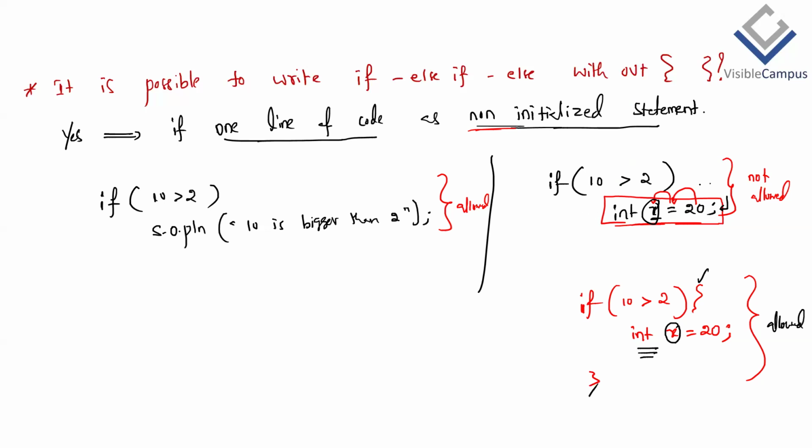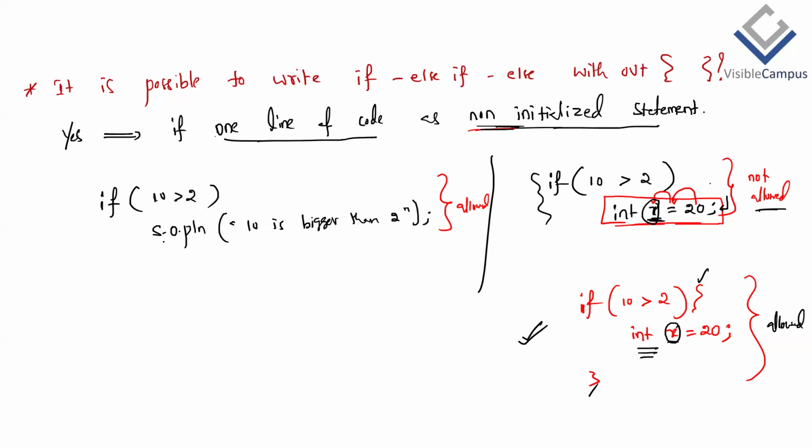So that's why these initialized statements are not allowed as one line of code. But with curly braces, even if you don't write anything, the JVM will understand that this x might be used in future. There is a possibility. But if it is declared without curly braces, it's never possible to use. That's why this will be a syntax error, and this is perfectly allowed.